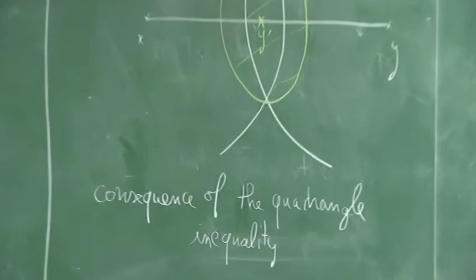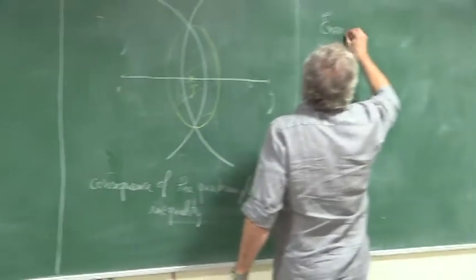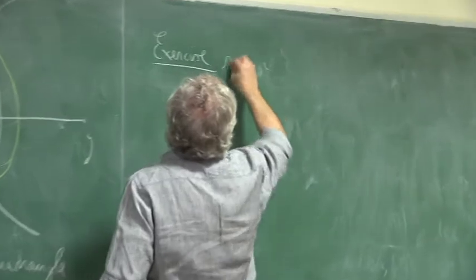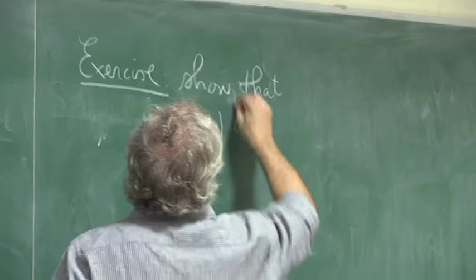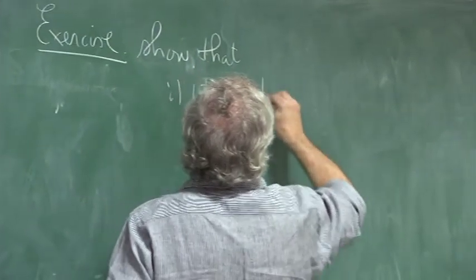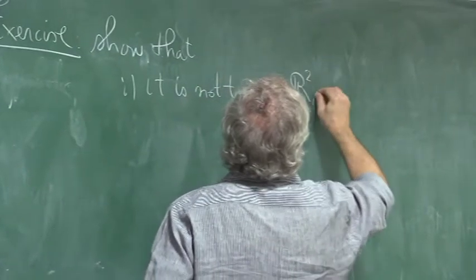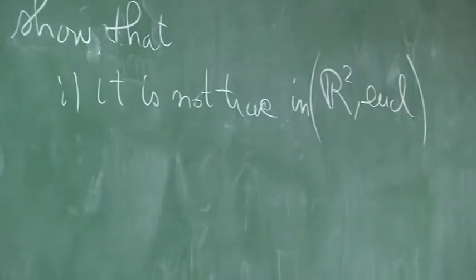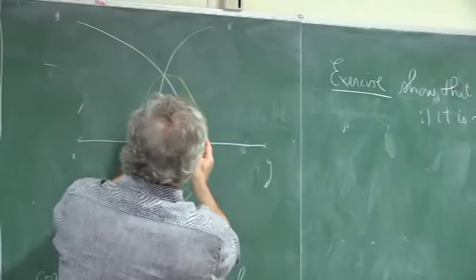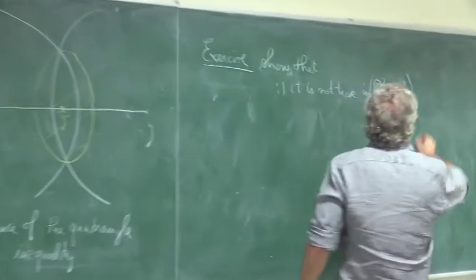I would suggest the following exercise. Show that, one, it is not true in Euclidean space. Well, it's kind of clear, because if you take really big balls, then the boundary becomes like a straight line, and so you have to go very far to cover the whole intersection. But you have to formalize this.